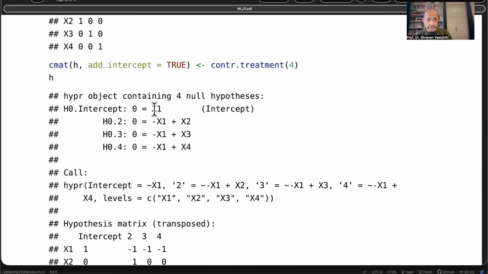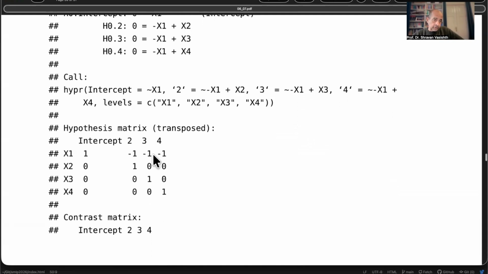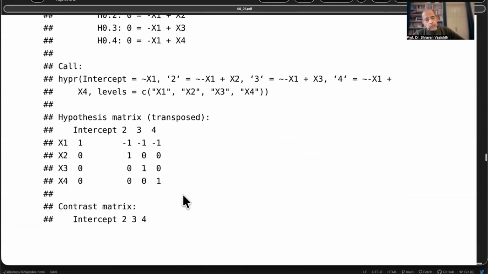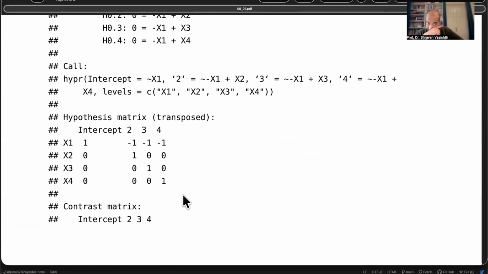One is the intercept, that the baseline condition's mean is 0. That's the null hypothesis. And then the difference between x2 and x1, x3 and x1, x4 and x1, these are the correct null hypotheses now for the treatment contrast. So now we've got the correct hypothesis set up. And if you look at the contrast codings, what you will see is that it looks a little bit different, right?